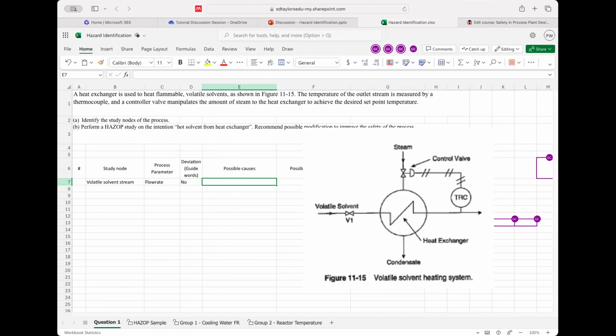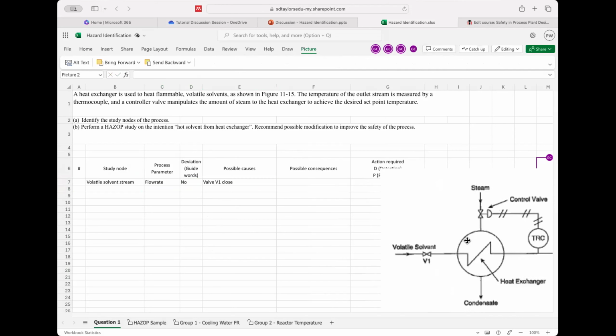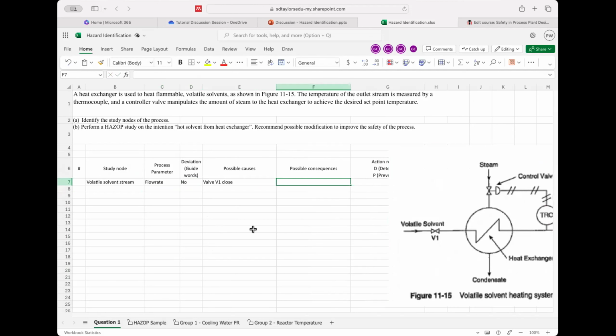Could be valve V1 closed. In that case, what are the possible consequences? There's no supply, no output from the solvent stream.